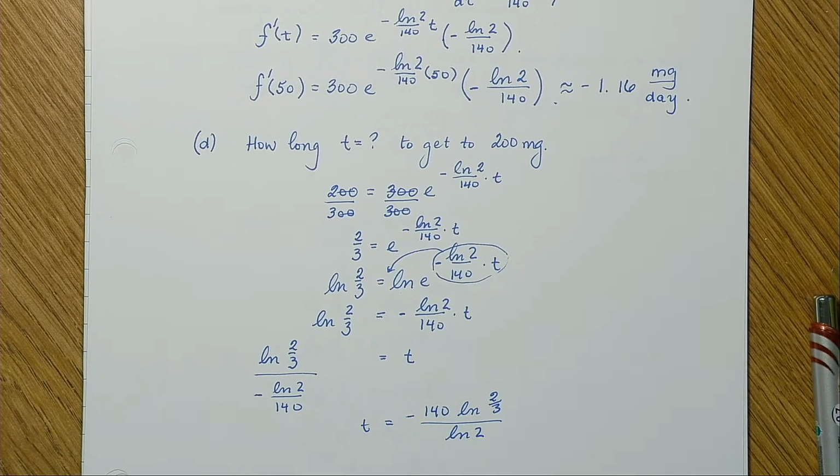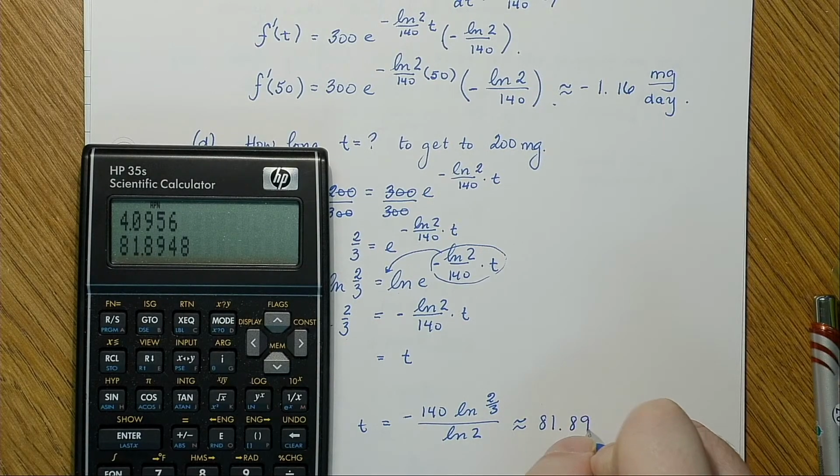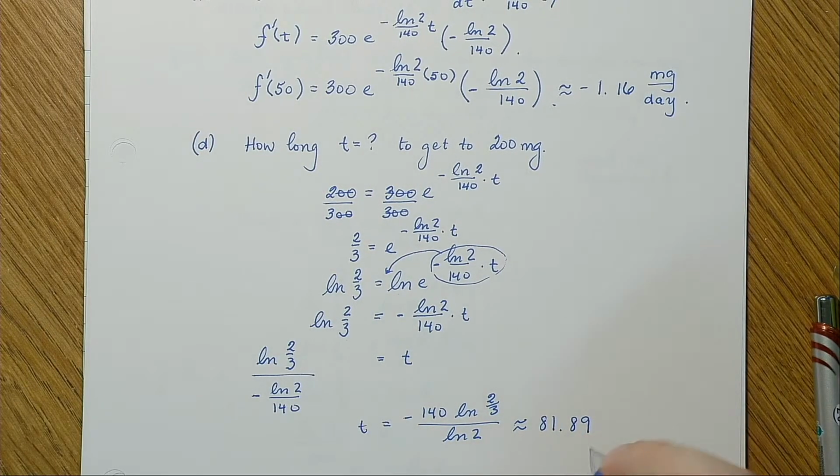So that's the kind of answer that you would give me, because you'd say, oh, well, I don't have my ln tables. So that's good. 2/3, we'll take the ln of that times 140, so this is approximately equal to 81.89. And again, the time that we're working in is not hours, it's days.